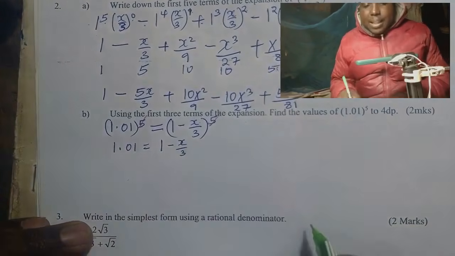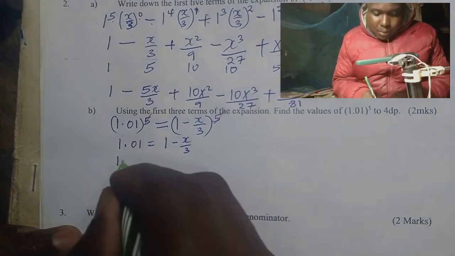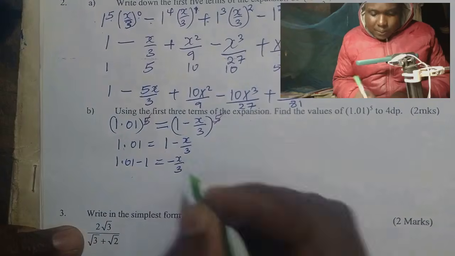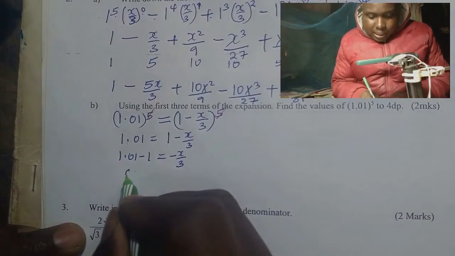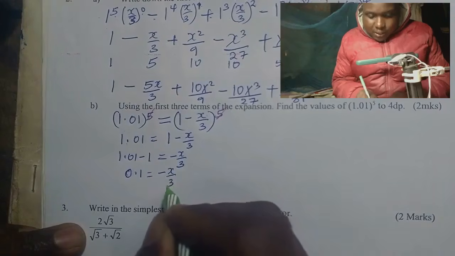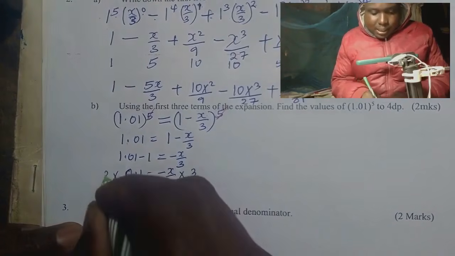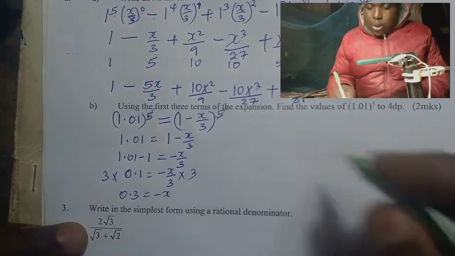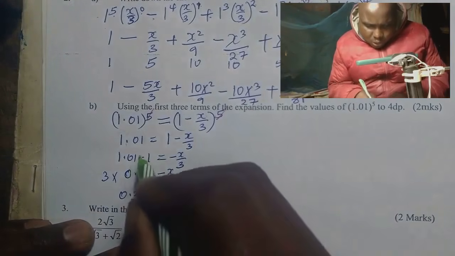Then like terms together, bring 1 this side, so 1.01 minus 1 is equal to minus x over 3. So 0.01 is equal to negative x over 3. We want x, so times 3.